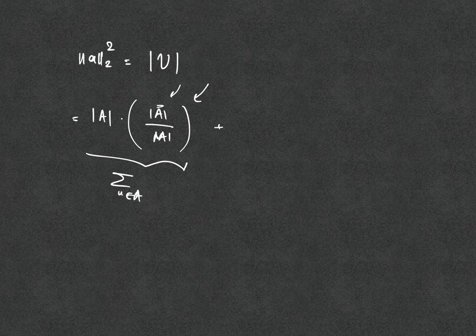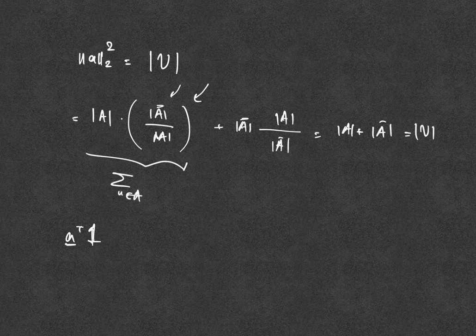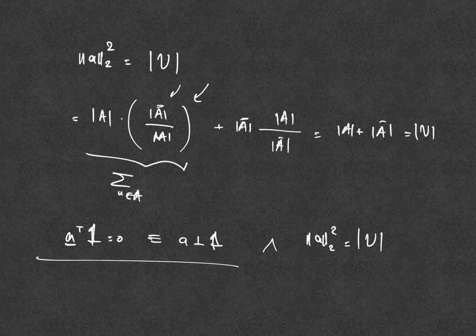Now, the other one was obviously this, which results in this. So to sum up, this is 0, meaning that A is perpendicular to the all-ones vector, and this is an equation that holds. So these are property 1 and property 2 of A.